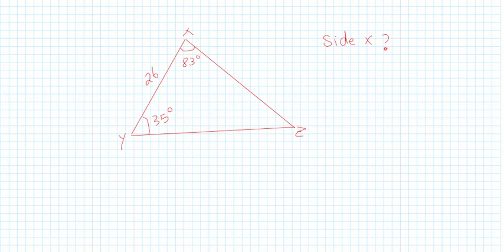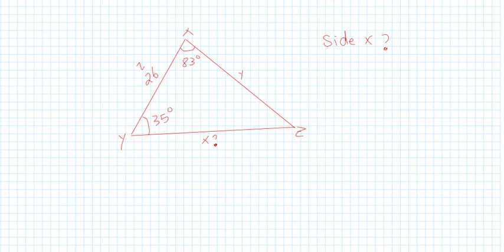So I'm looking for side X. Let's name the triangle first. This side is X, and I'm looking for that. This side is Z. And then this side is Y. Now, in order for me to find side X, I need angle X. Otherwise, I can't find it.